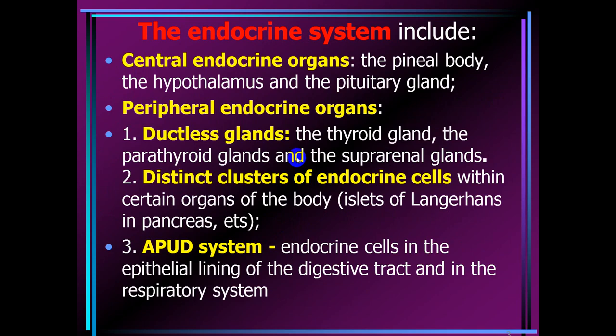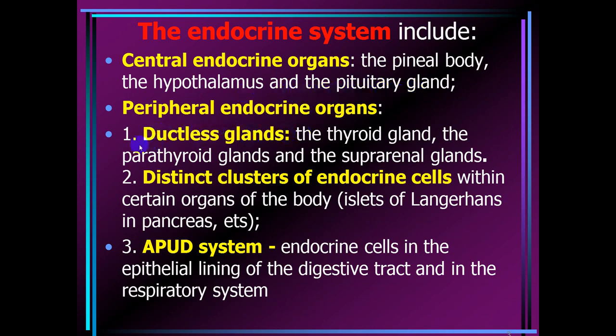Organs of the endocrine system can be subdivided into central endocrine organs and peripheral endocrine organs. Central endocrine organs include pineal body, the hypothalamus, and the pituitary gland.